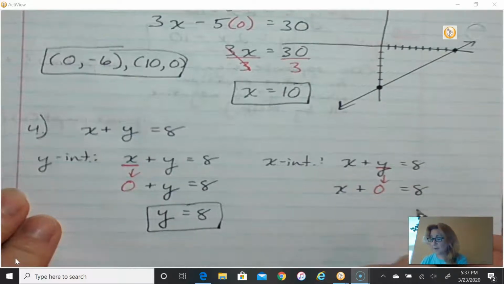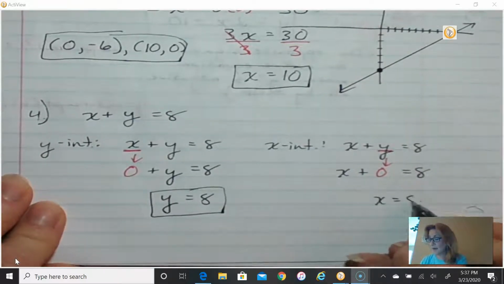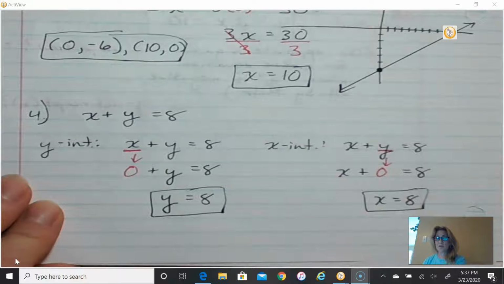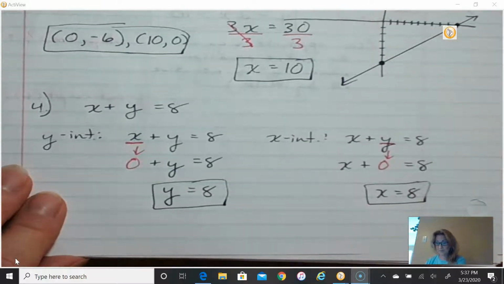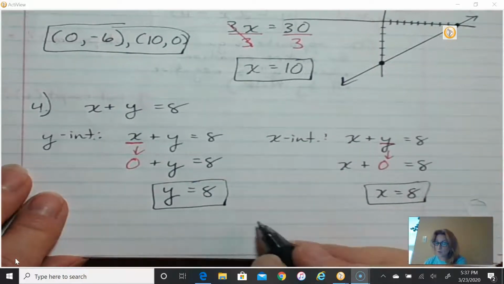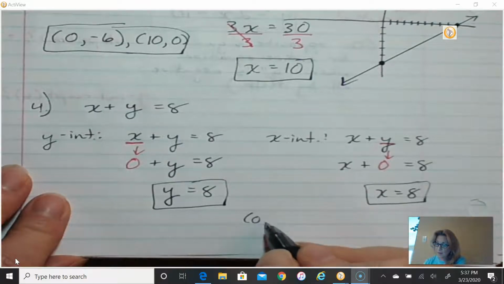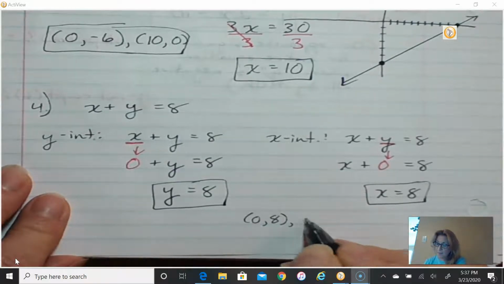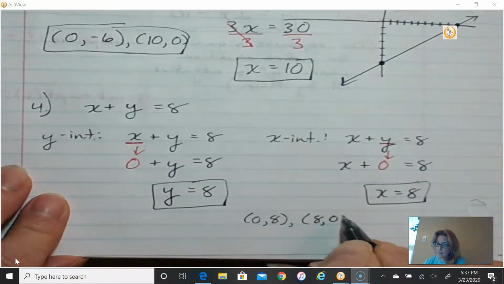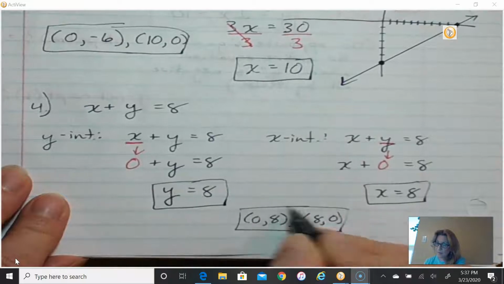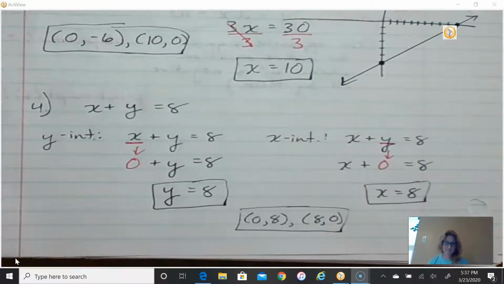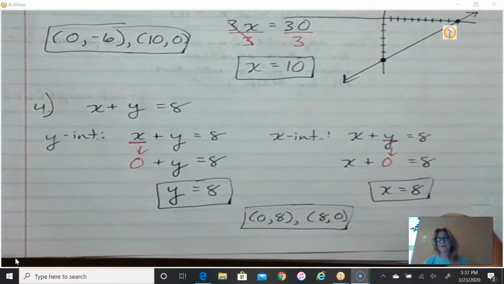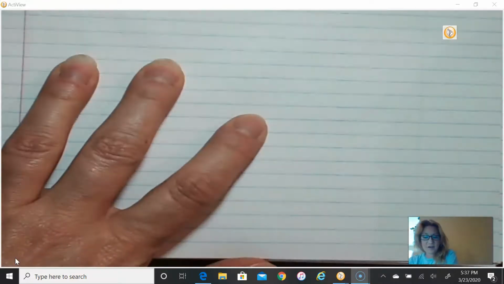Well, that one's just going to be x equals 8. There's your x-intercept. So again, if you give me these answers, I'm happy. If you want it official, 0 and 8, and 8 and 0. I don't care. Just get me one or the other. All right, moving right along.